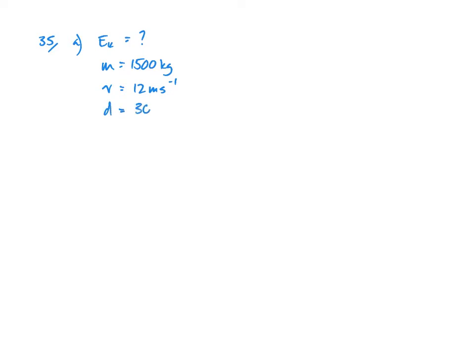We've got the distance down the slope, and then we've got a vertical distance, so h for height. So the formula for kinetic energy, well, we've got the mass and velocity, so that's fine. We can just go ahead and plug that in, and we'll get our answer.